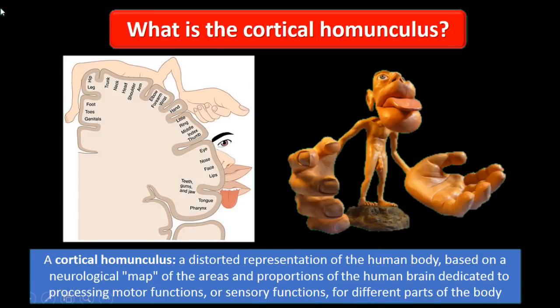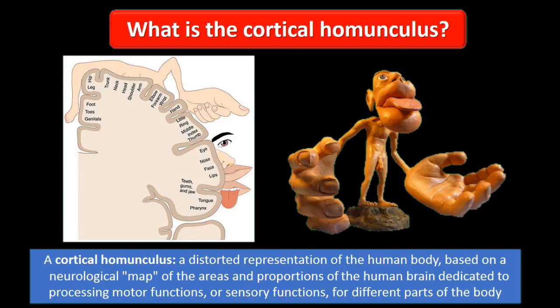Okay. Now, this is the cortical homunculus. We've seen this in the different figures. Take note, this is a distorted representation of the human body based on the neurological map of the areas and proportion of the human brain dedicated to processing motor, and the other side is also sensory function for the different parts of the body.